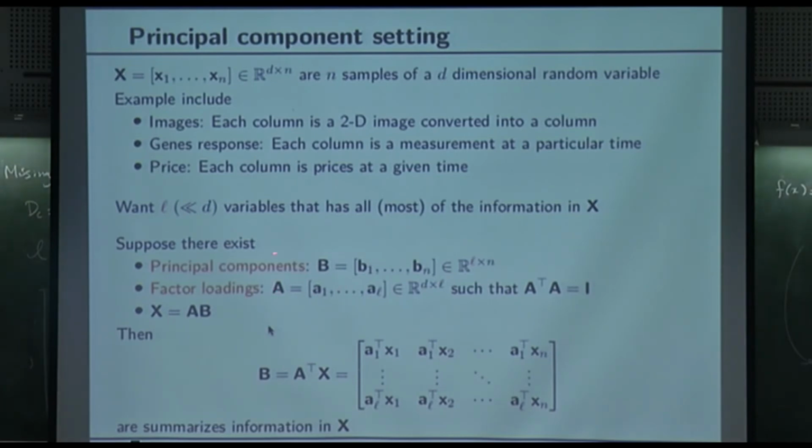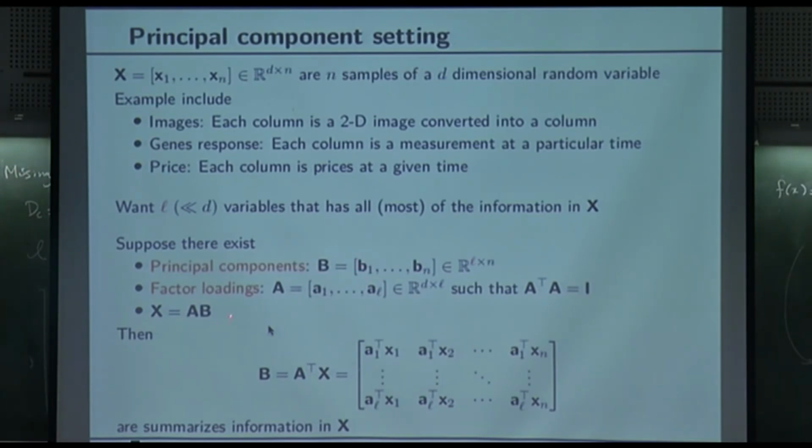Factor loadings A1 through AL are such that A transpose A is equal to identity, meaning they are orthonormal: orthogonal to each other and the norm of each vector is 1. If x is equal to A times B, then these principal components are nothing but A transpose x. So you take each of these factor loadings, hit it to the vectors, and that tells you what the corresponding principal components are going to be.